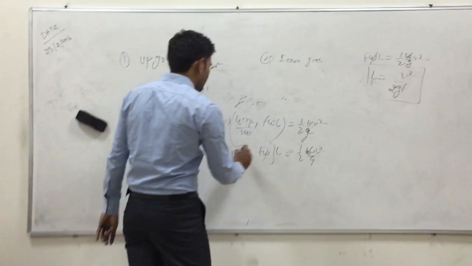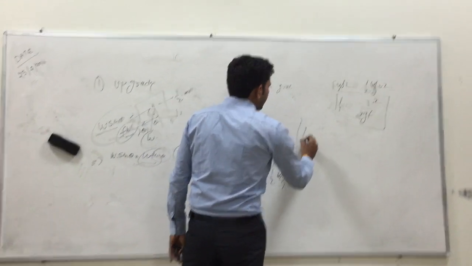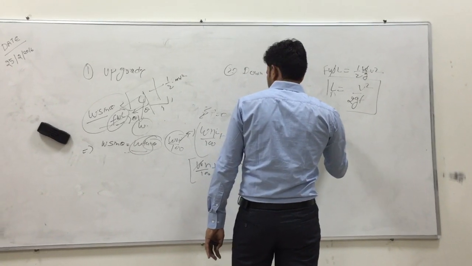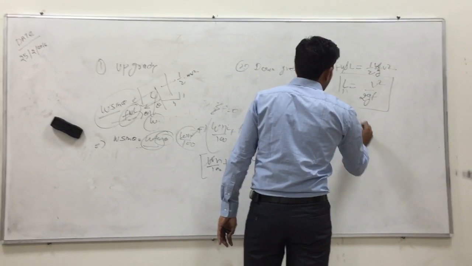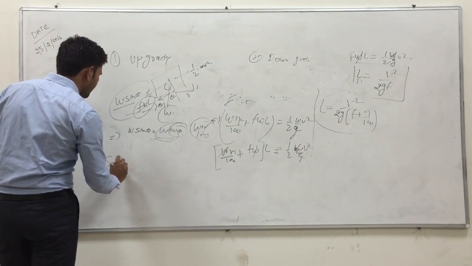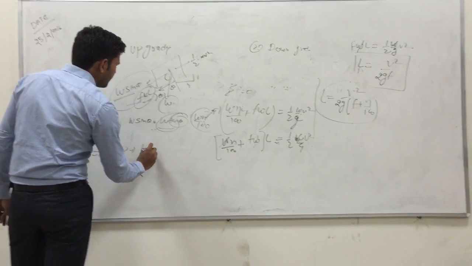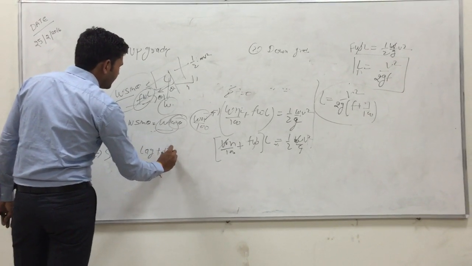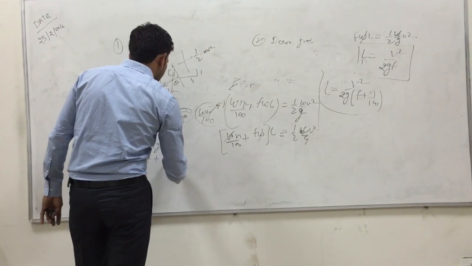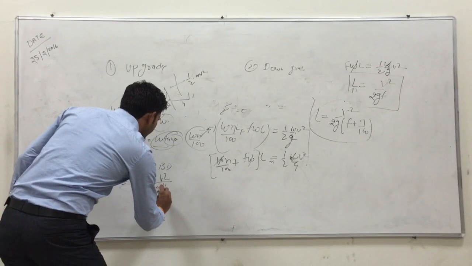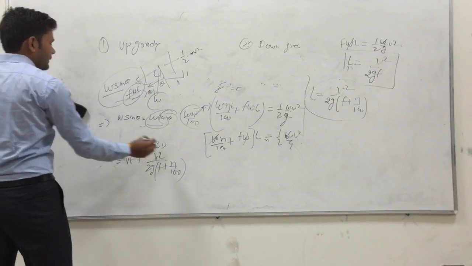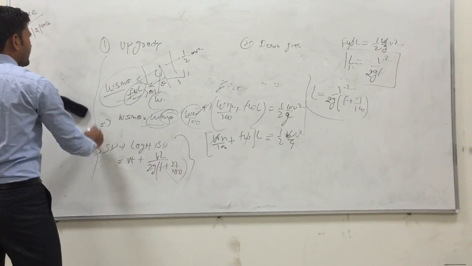So we can get the braking distance equal to V square by 2 g f plus n by 100. So finally our SSD formula is lag distance plus braking distance. So V t plus V square by 2 g f plus n by 100. This formula is used when we are going on the upgrade.